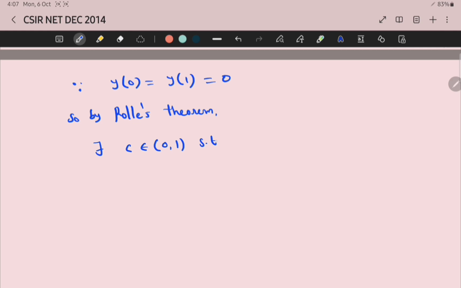Since we are given that y(0) equal to y(1) equal to 0, by Rolle's theorem, there exists c belonging to (0, 1) such that y dash c is equal to 0.